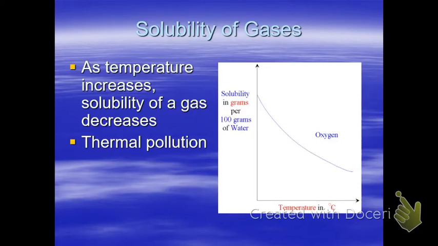And you might think, well, who cares? Who cares if the river next door to the nuclear power plant gets hot? Well, how do fish breathe? Fish breathe dissolved oxygen.